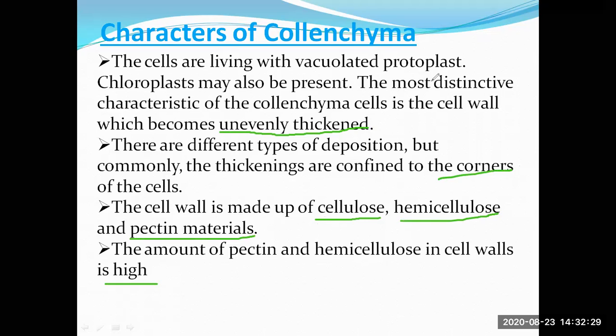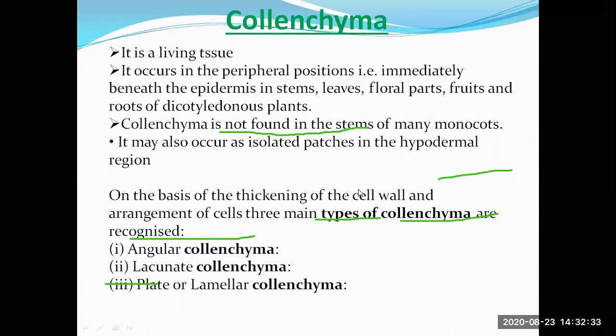On the basis of the thickenings of the cell wall and the arrangement of cells, there are three main types of collenchyma we will see in plants.